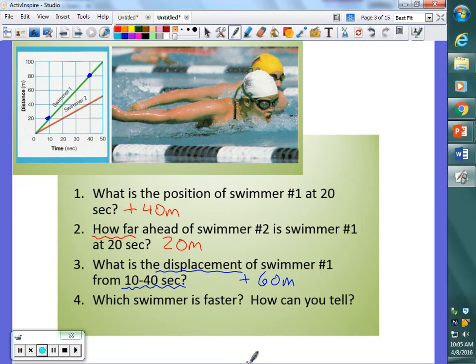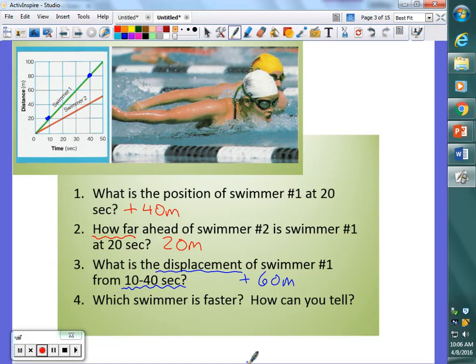But if we just talk about fast, right? Fast is distance over time. How long does each of those swimmers swim for? How much time do they each swim for? 50 seconds. But what do you see about swimmer number 1's distance during that 50 seconds? She went 100 meters, whereas swimmer number 2 only went, well, they have those little swimming caps on, so I'm going to assume.